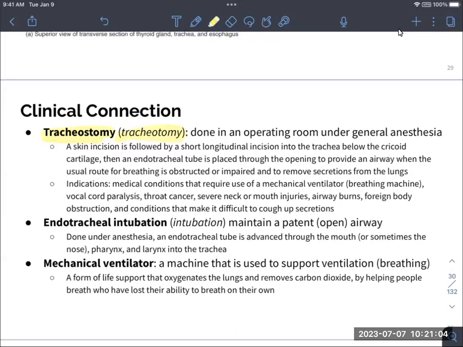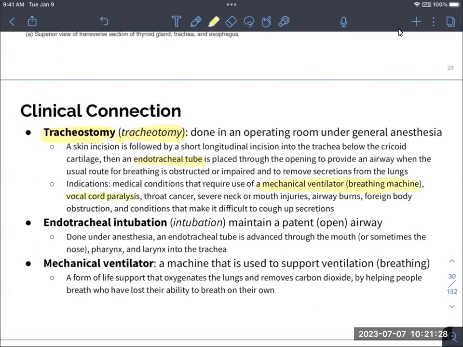They put an endotracheal tube, and it provides an airway when something has happened to the nose or the mouth, so they can't get air in that way. These people usually need a mechanical ventilator or a breathing machine.